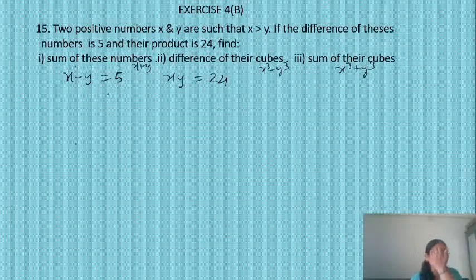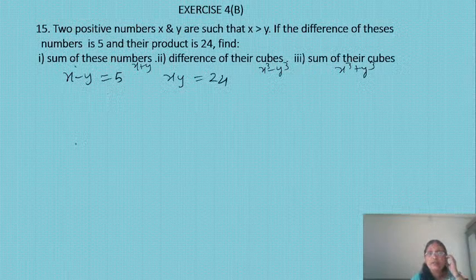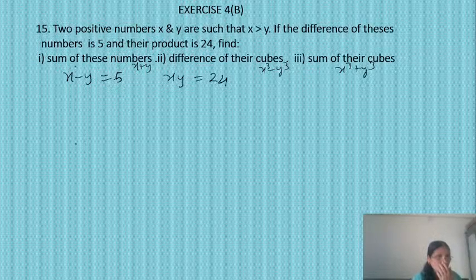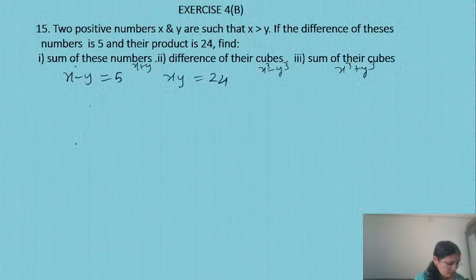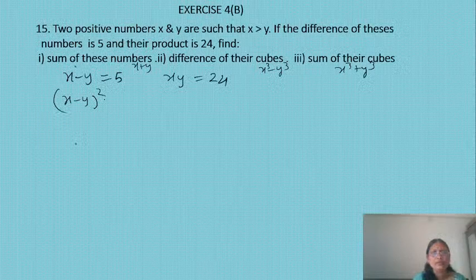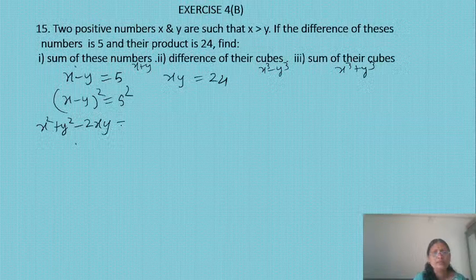So x minus y is equal to 5 and xy is equal to 24, and you are asked to find the values of x plus y, x cube minus y cube, and x cube plus y cube. We start with the first one because we will be needing it further to solve. So x minus y the whole square is equal to 5 square. x square plus y square minus 2xy is equal to 25.